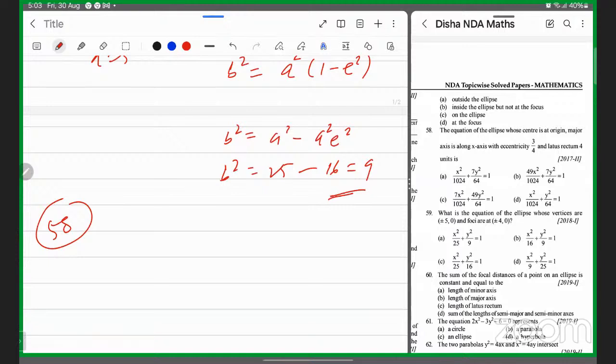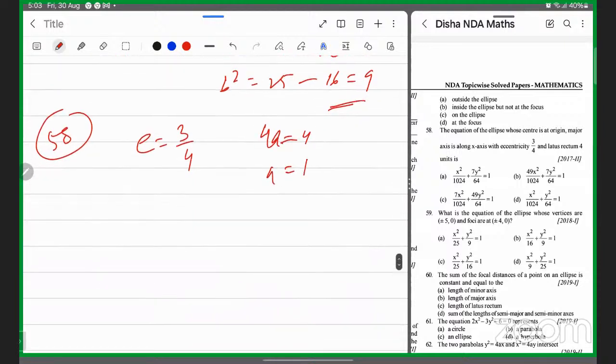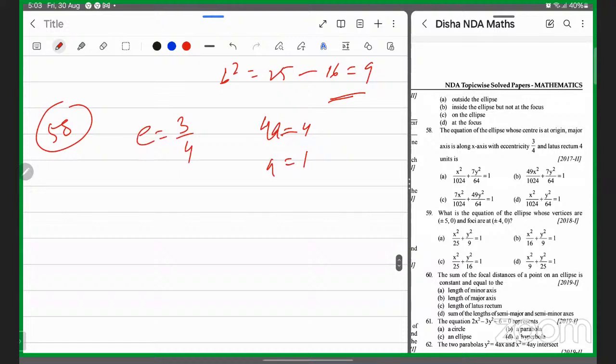The equation of the ellipse whose center is at the origin, major axis is along the x-axis with eccentricity 3/4, and latus rectum 4. In an ellipse, the latus rectum is 2b square upon a.